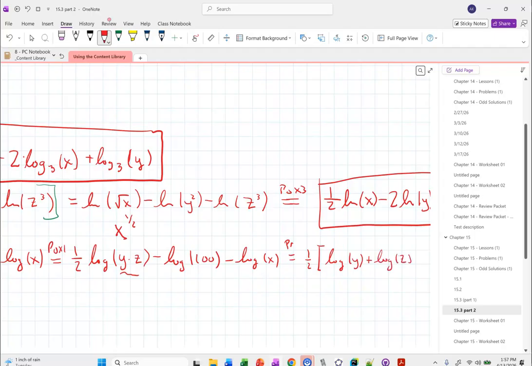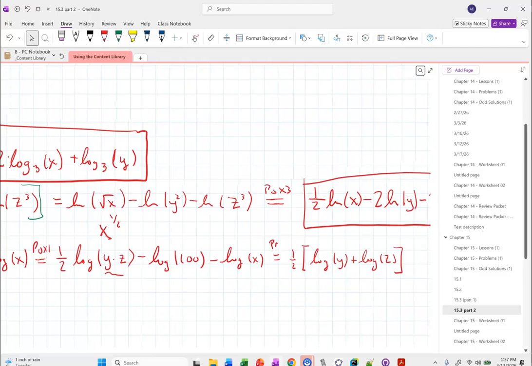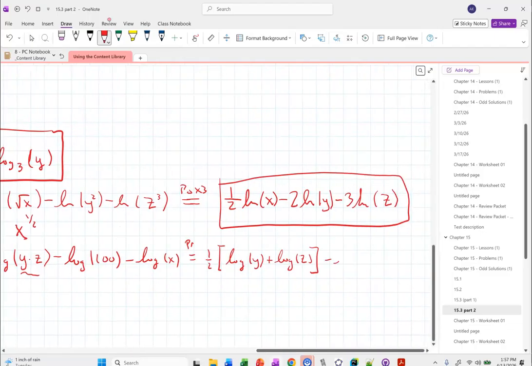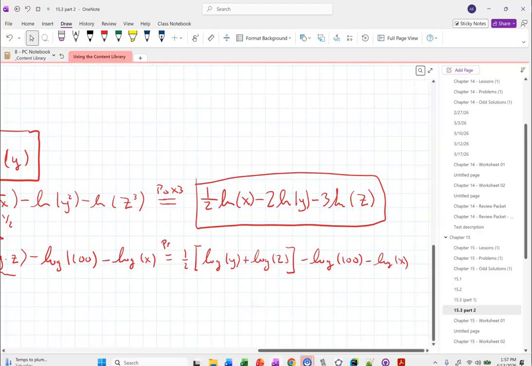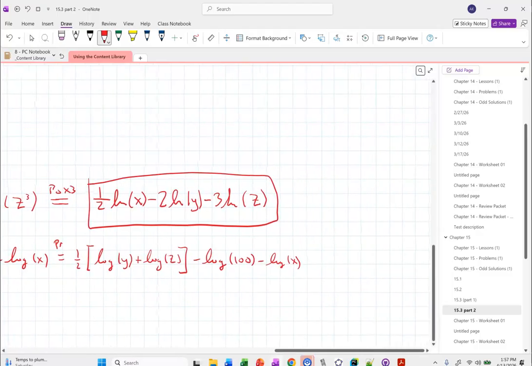And just like before, where we had the product property in the denominator, that product property needs a parenthesis around it because that 1/2 out front needs to distribute through.